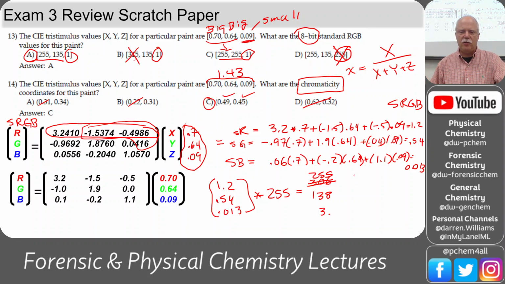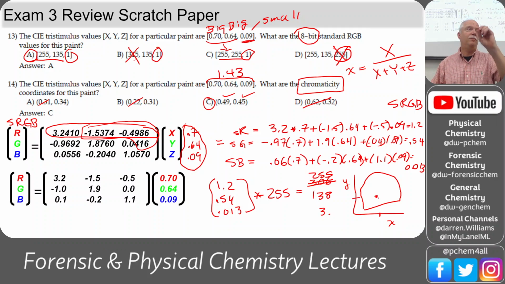It has little x and little y on it, and that strange shape with all the colors on it, going from red to blue all the way around. If we're given 0.49 and 0.45, you would go to 0.49 and 0.45, find that spot on the diagram, and tell me what color it was.